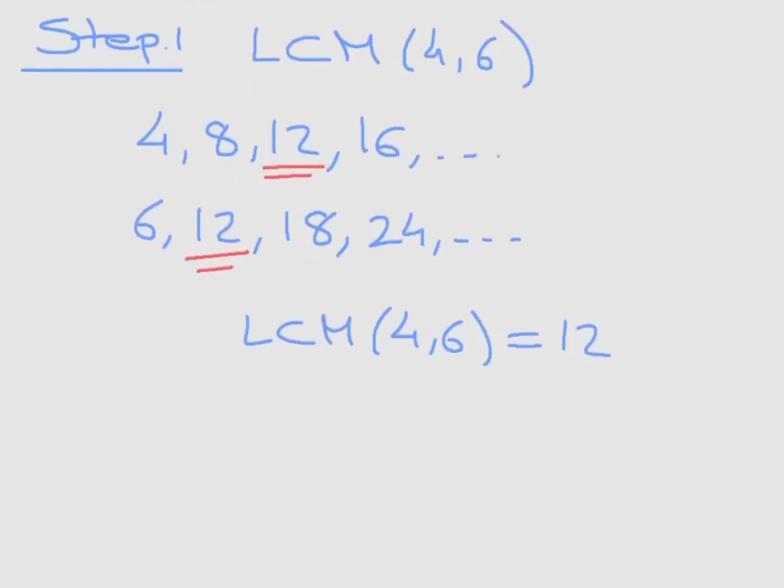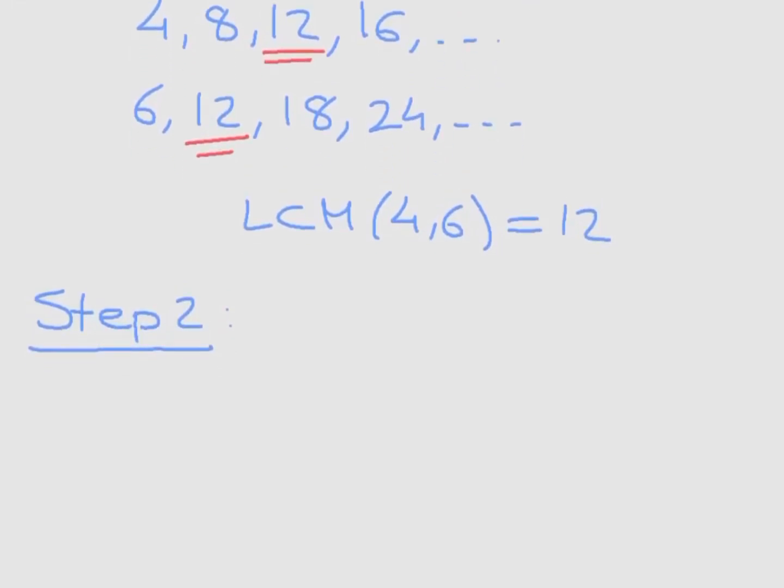The second step of this method is to express both fractions as fractions over 12. In other words, we have to express both fractions over the least common multiple that we found in step 1. Now, to do this, remember, our first fraction was 3/4.